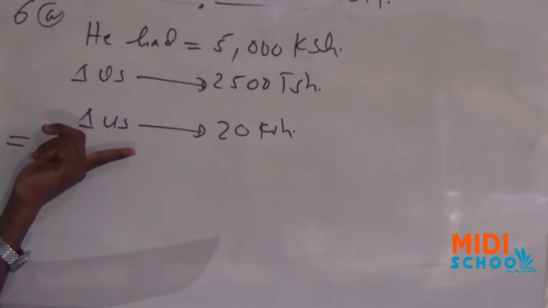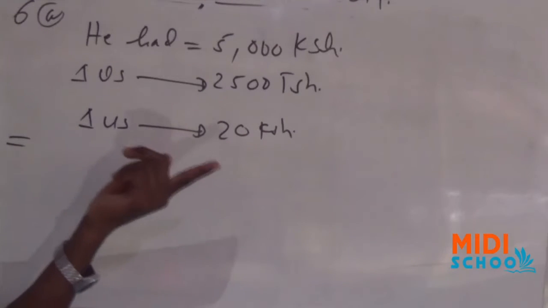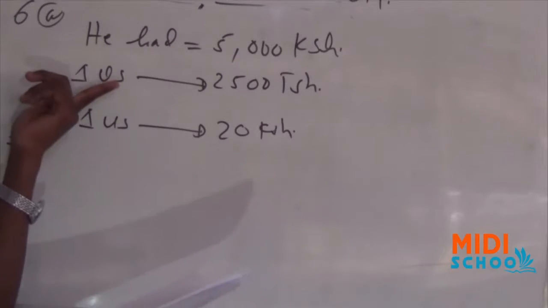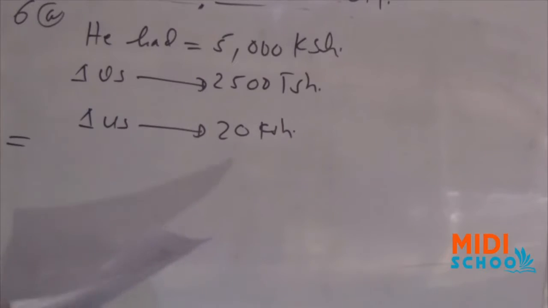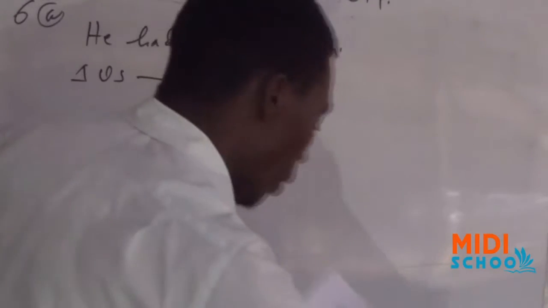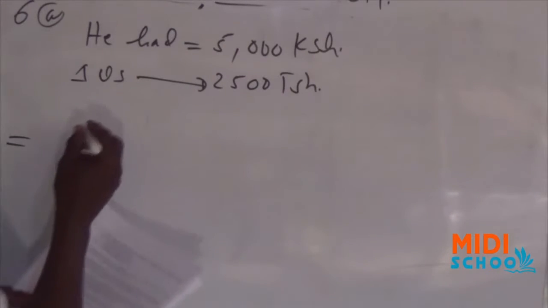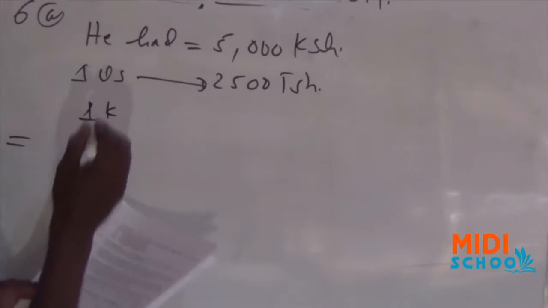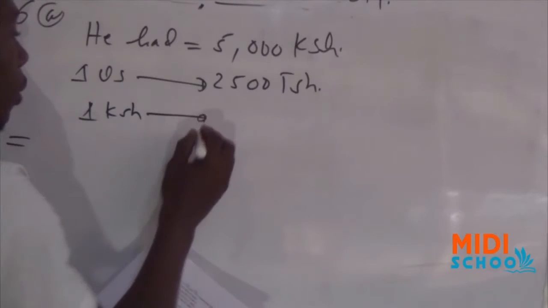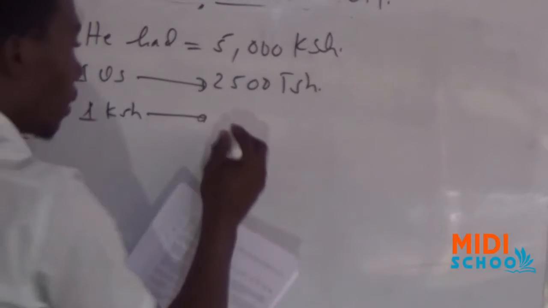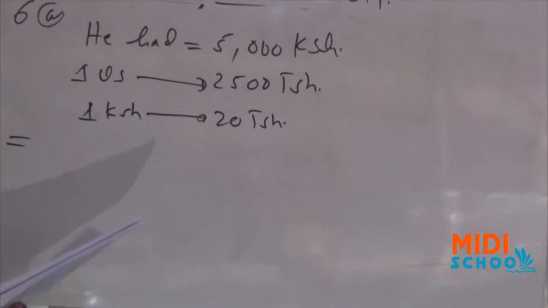The equivalence we are given is that 1 Kenyan shilling is equivalent to 20 Tanzanian shillings.